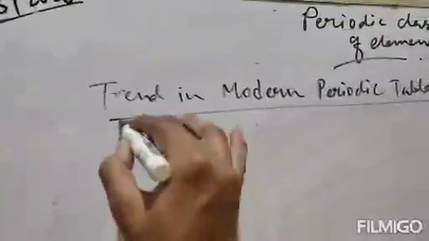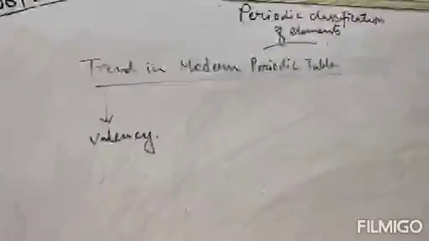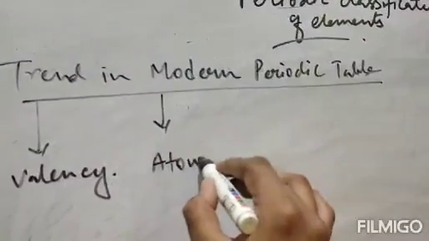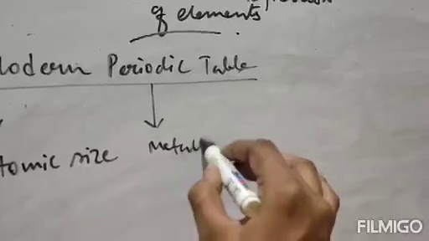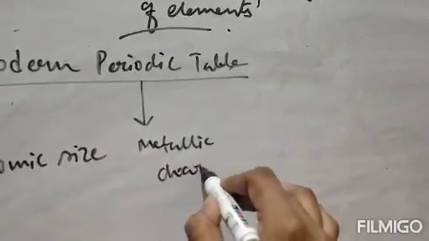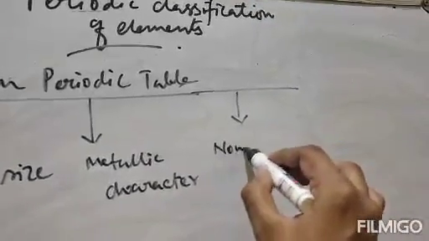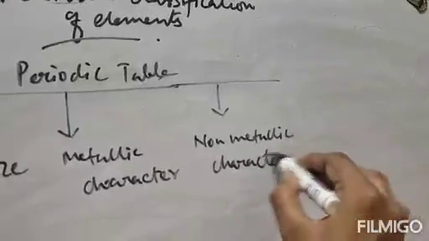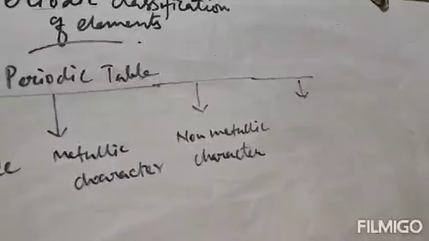Number one will be valency: how valency varies in the modern periodic table. Second will be atomic size. Third will be metallic character: how metallic character changes in the modern periodic table. Next, non-metallic character. After that, chemical reactivity.